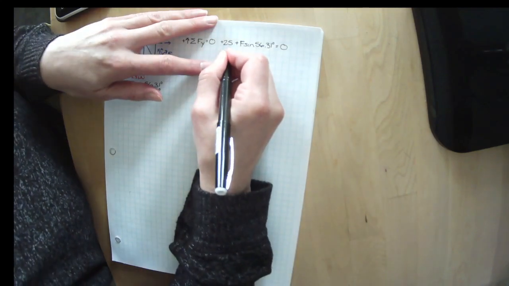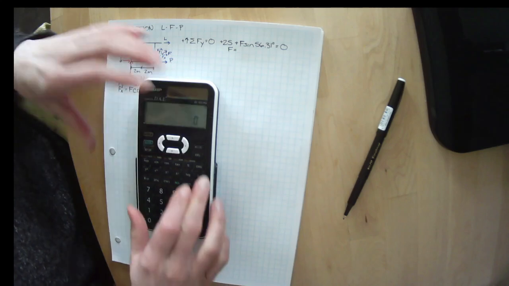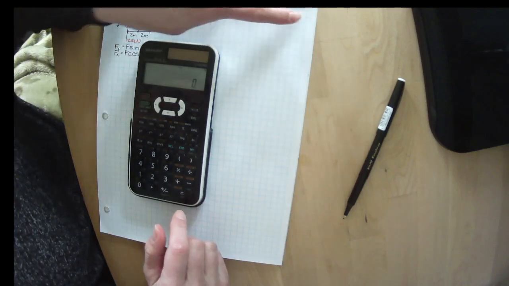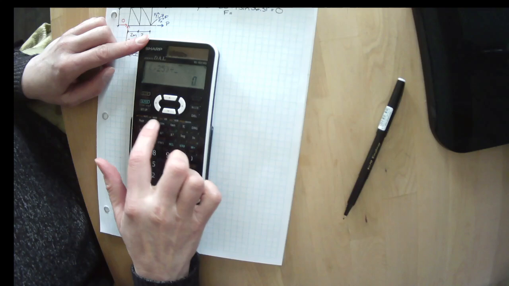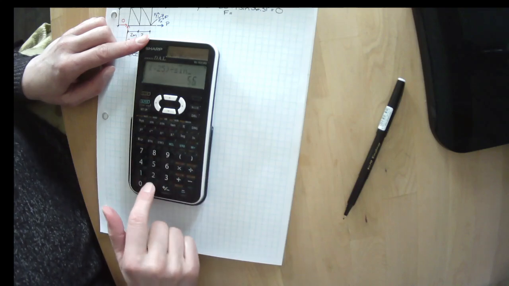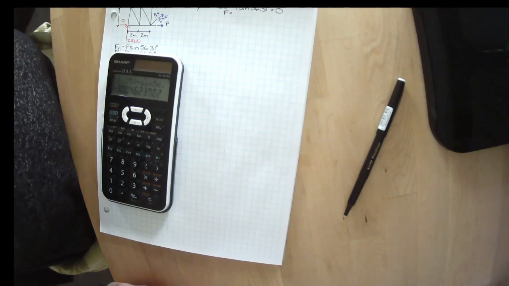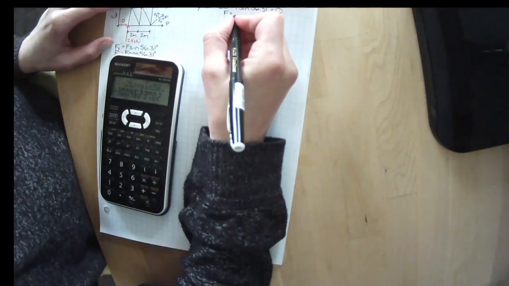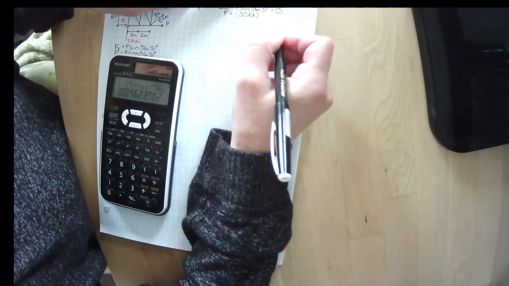So I can solve for F. I have the 25 over here divided by the sine of 56.31, and I get that F equals minus 30 kilonewtons.